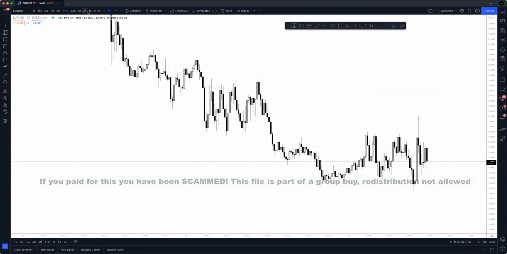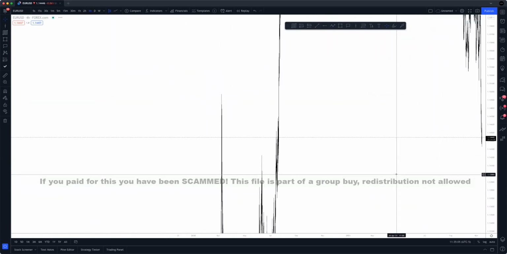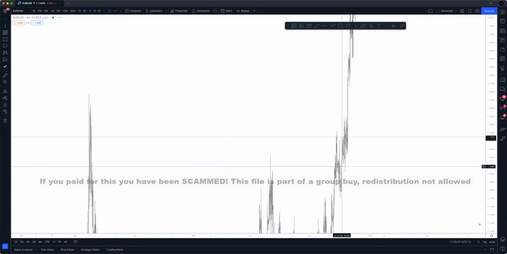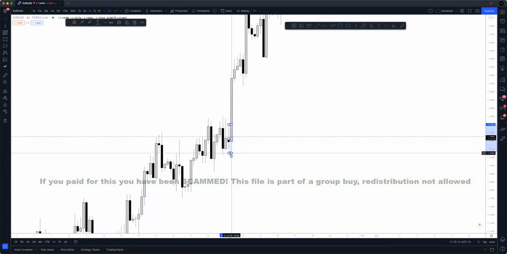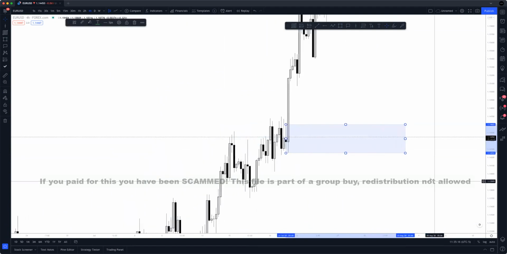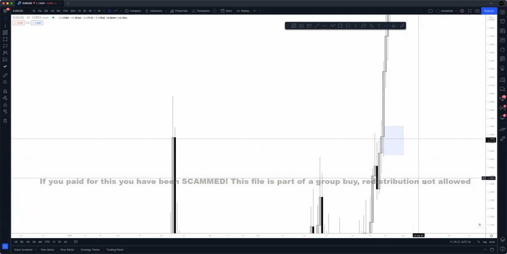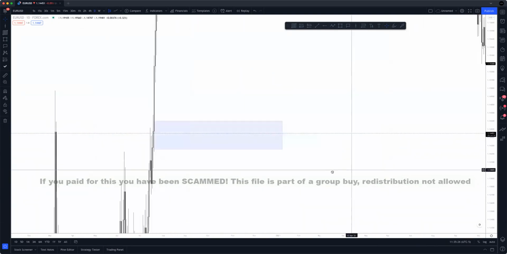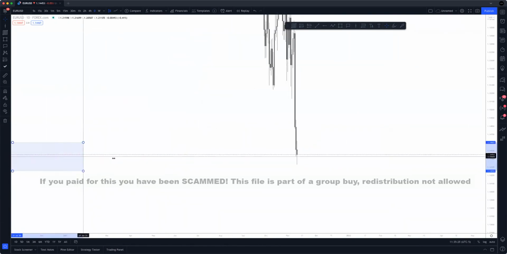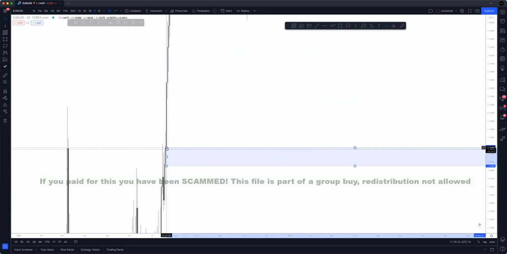Maybe what I'll do first is get that plotted out for us so that we can see what's going on here. Go to the daily, just to bring this over a little better. And then you could probably just refine this down to the wick.